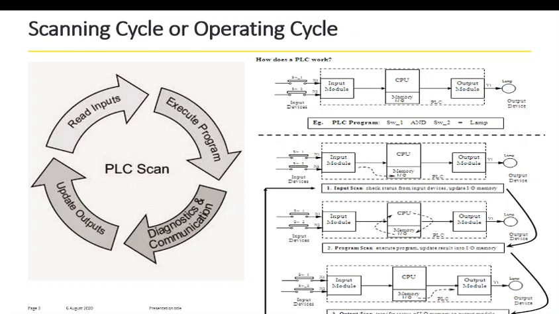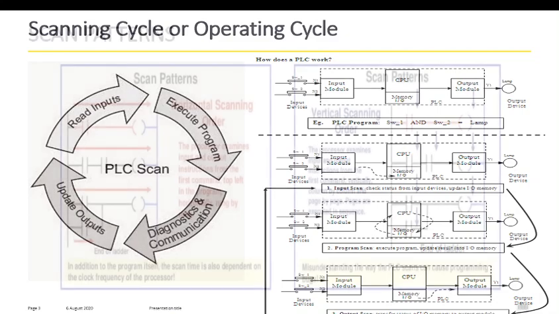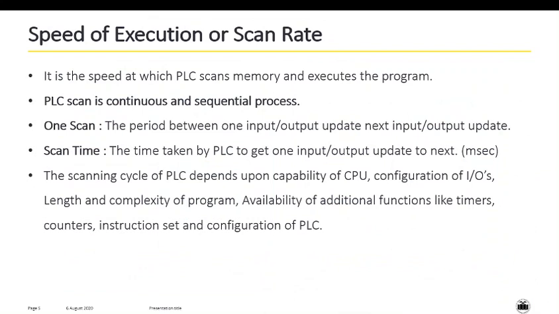It is also dependent on the configuration of inputs and outputs, the length and complexity of the program, the availability of additional functions like timers, counters, and the instruction set, and the configuration of the PLC. These are the factors on which the scanning cycle mostly depends.